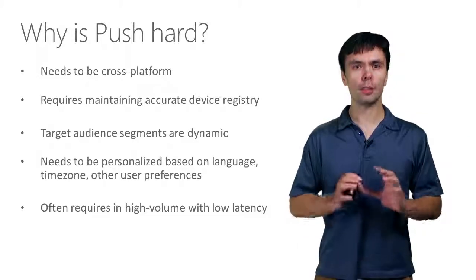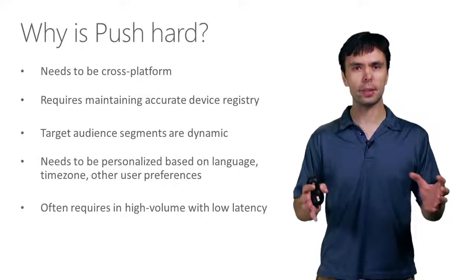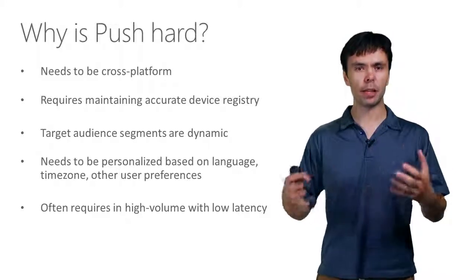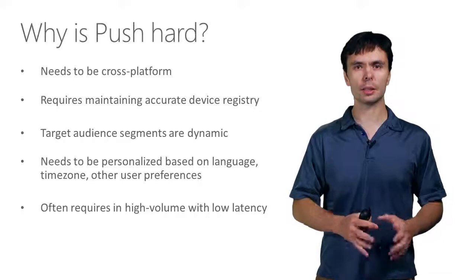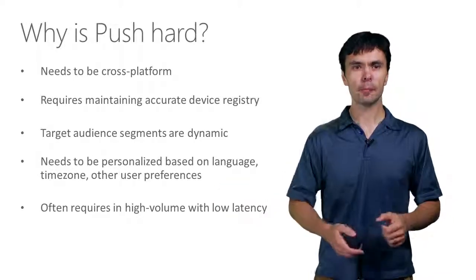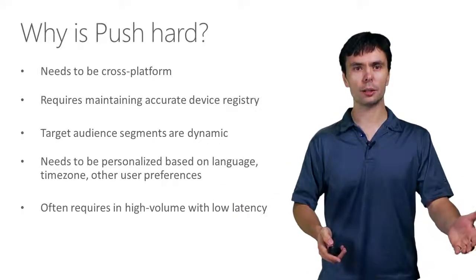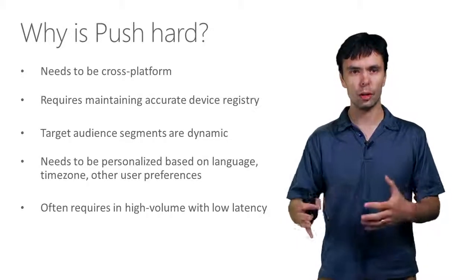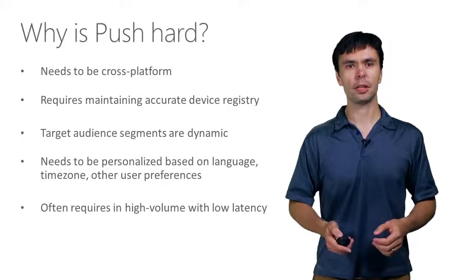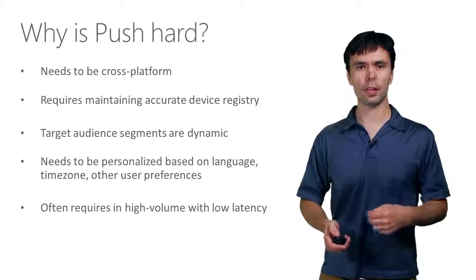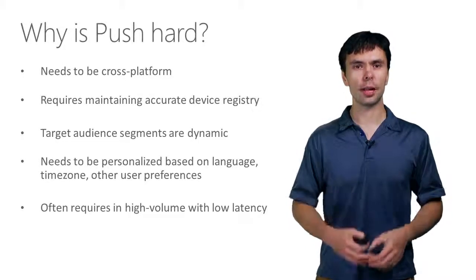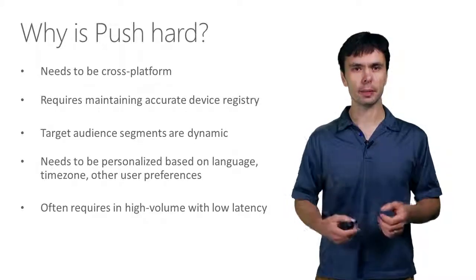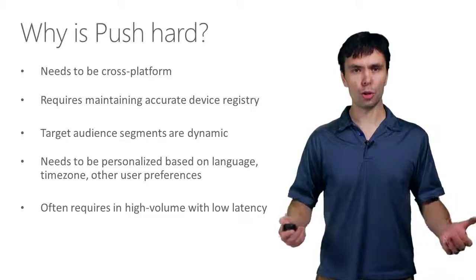You need to often target audience segments that can be dynamic in nature, like everyone within half a mile of the store, or everyone that is interested in a particular athlete. Those target audiences change, and you need to change your mappings respectively. You need to personalize those push notifications. And likely you need to deliver them in large volumes with pretty low latency. Those things are hard to do on your own.